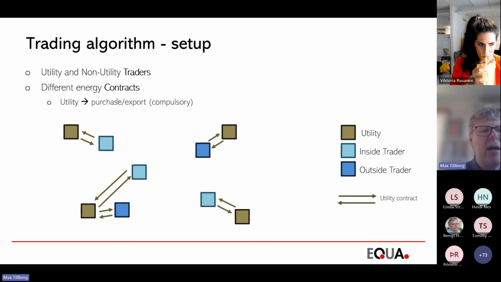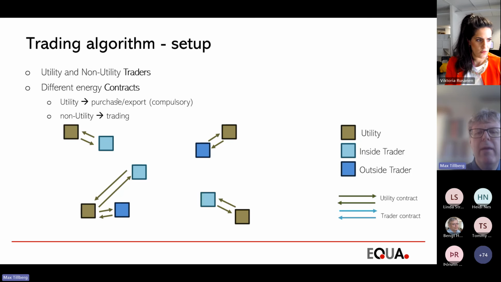So let's say that here we want the inside traders to be able to buy and sell, or we call it purchase and export, with the utility providers. And then we have the trader contracts as well, so you can trade with each other.